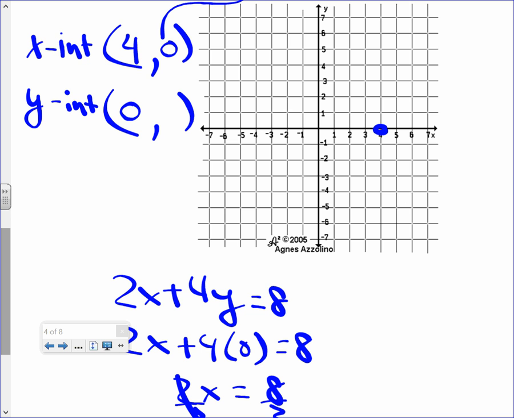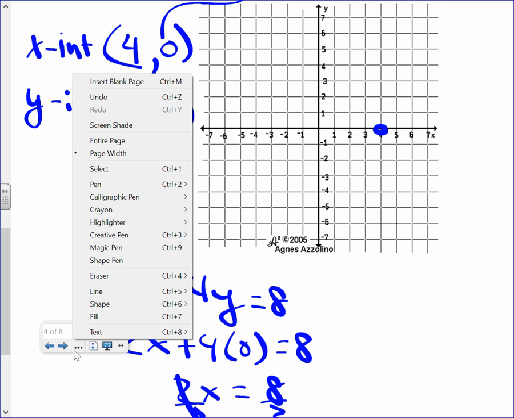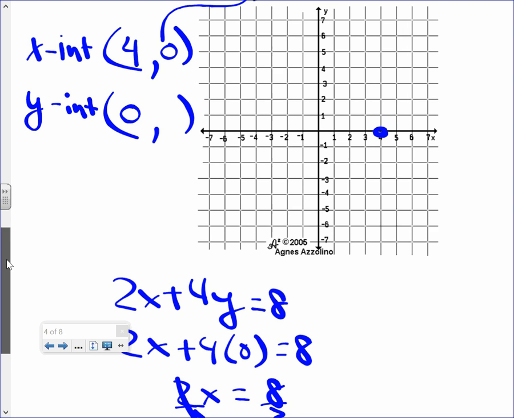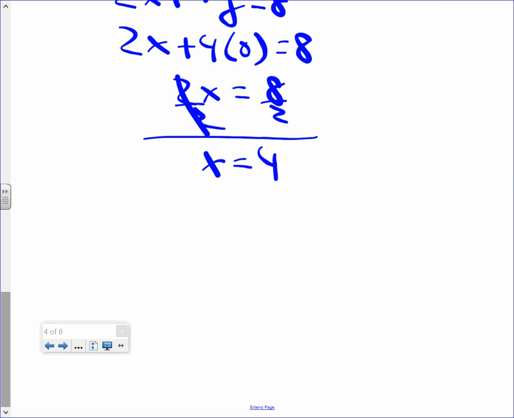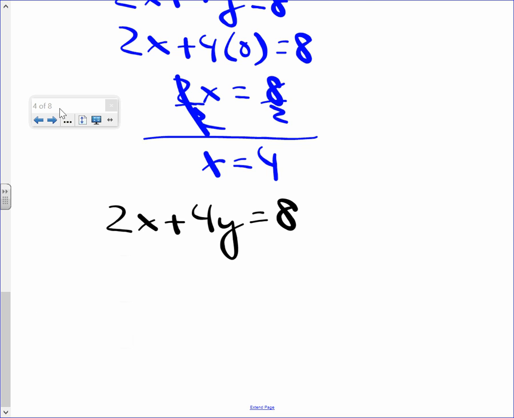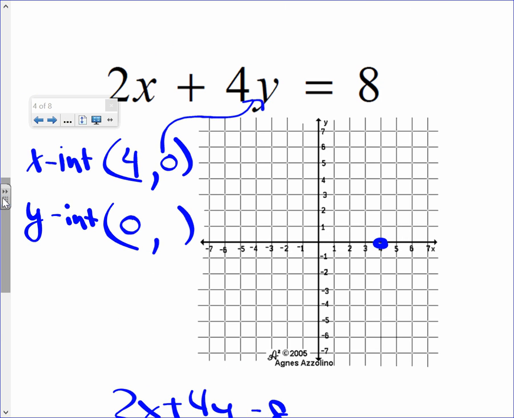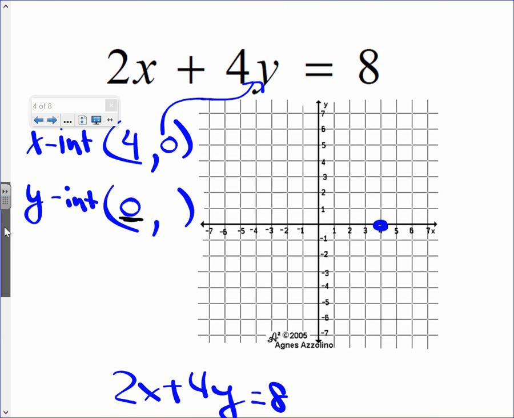For the y-intercept, I'll go with black. 2x plus 4y equals 8. Now I'm going to replace x with 0 and solve for y to get the y-intercept.